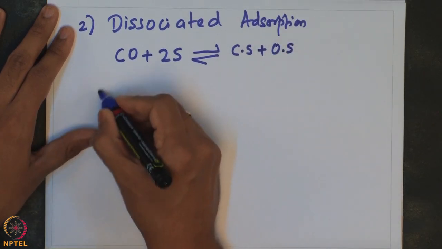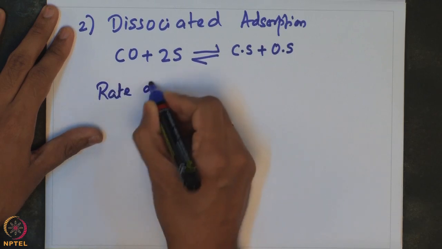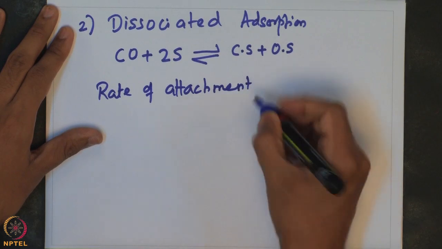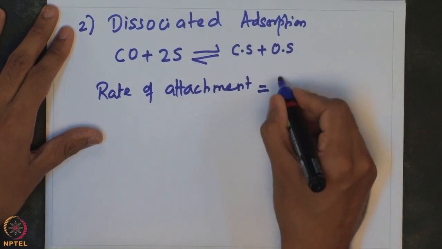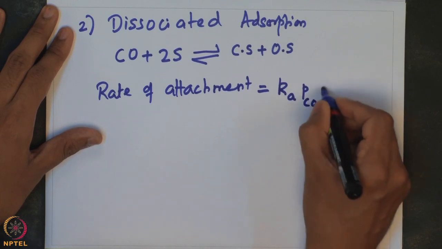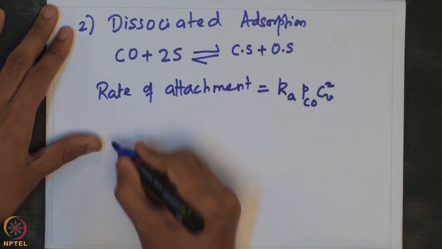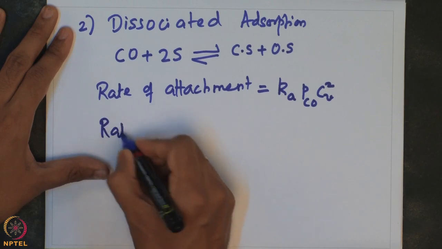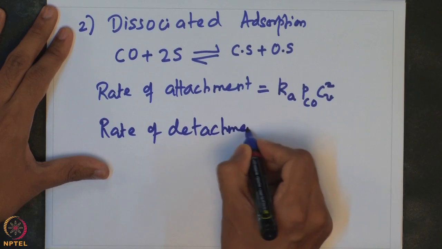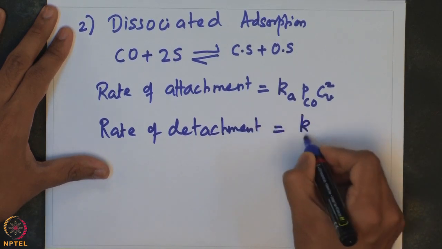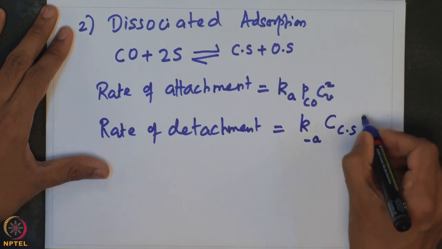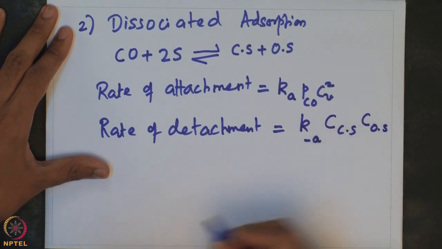Now, I can write the rate of attachment as Ka into partial pressure of CO into Cv square, and the rate of detachment will be given by K minus A into concentration of Cs into concentration of Os.